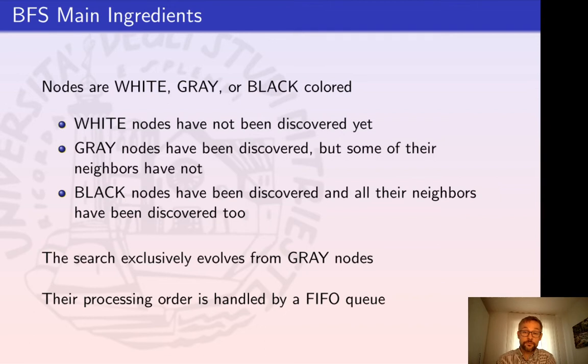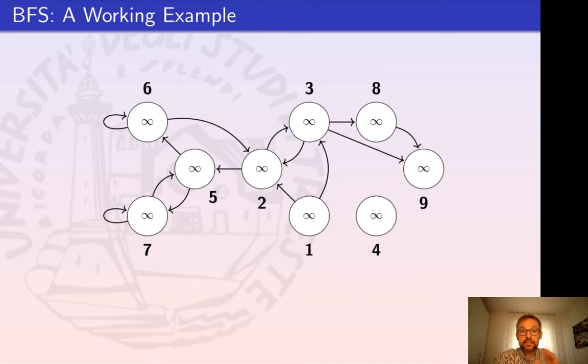Those nodes are pushed into the queue, and then every time I need to search for new nodes, I extract an element from the queue, and I move to the already discovered neighbors of the element removed from the queue, and that element was a gray node. Okay, so let's have a working example to try to understand what's going on.